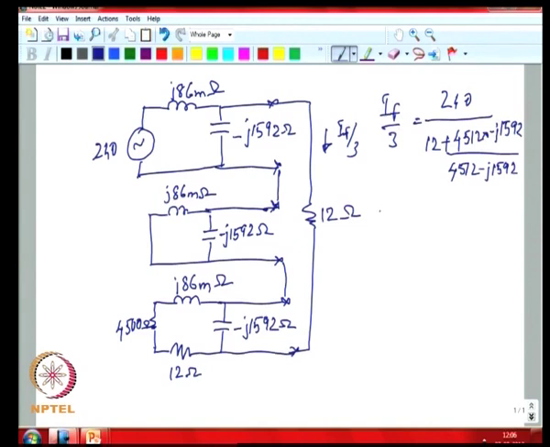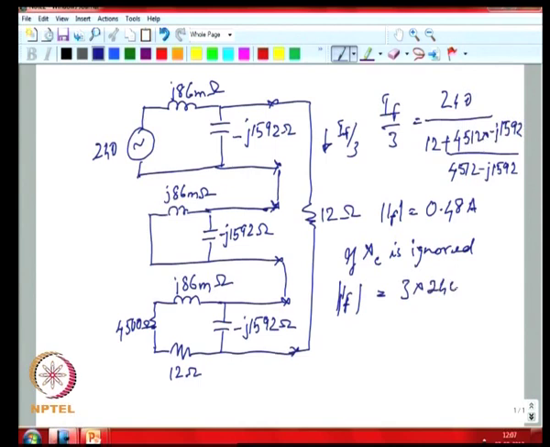so you get a magnitude of your fault current to be about 0.48 amps, about half an amp would flow through the fault point, whereas if Xc is ignored, your magnitude of your fault current is about 160 milliamps.